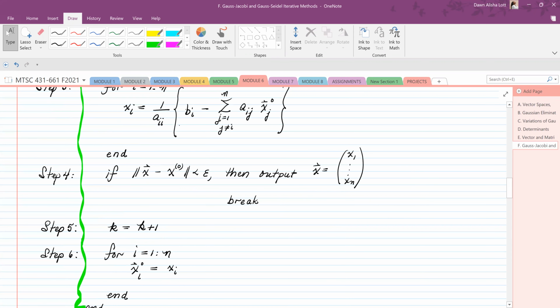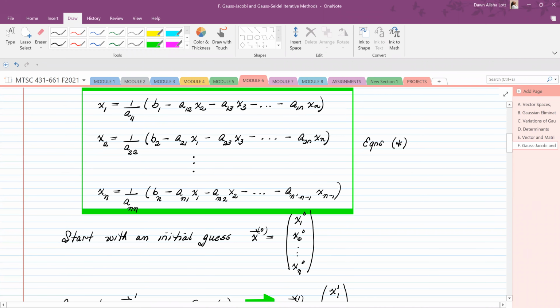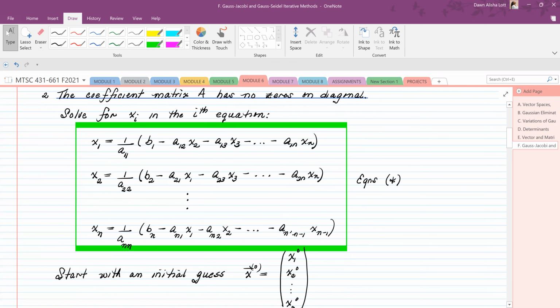Again, the two criteria: you have to know that the solution exists, a unique solution, and you also need to know that zeros on the diagonal do not exist. Okay, so then Gauss got another graduate student named Seidel. And Gauss wanted to improve on the Gauss-Jacobi iteration. So they came up with the Gauss-Seidel method.